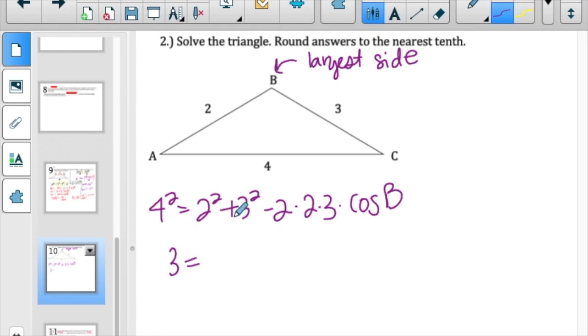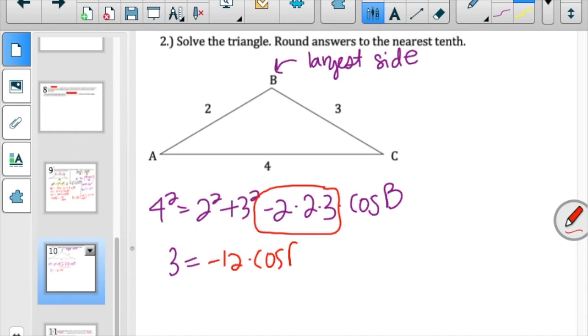Okay, so 3 equals, then I type this into my calculator, negative 2 times 2 times 3. So I simplify this chunk here, which is negative 12 times cosine of B.